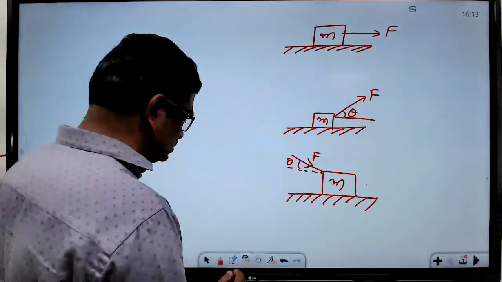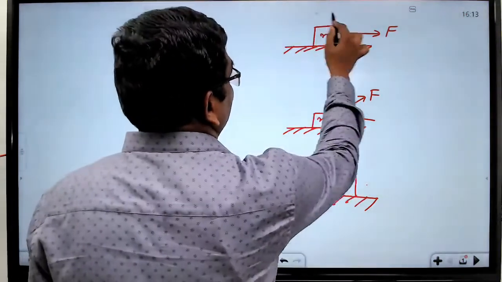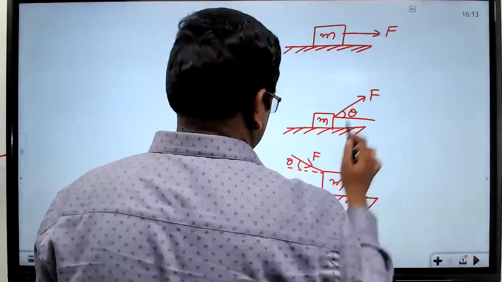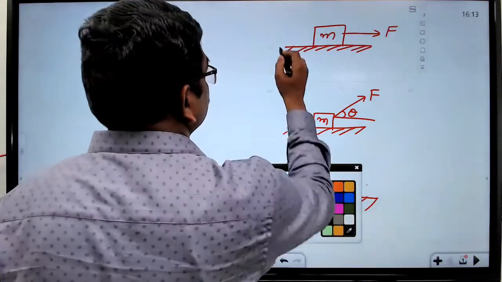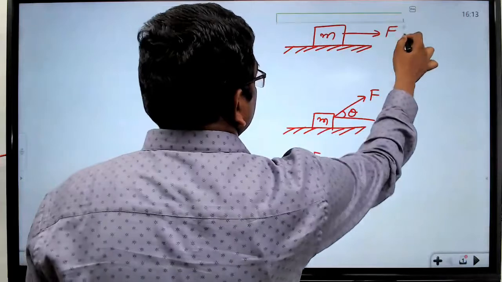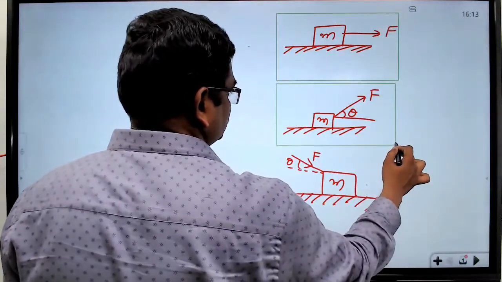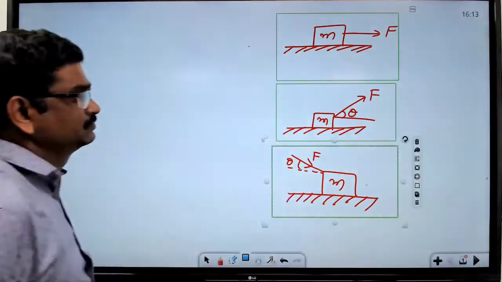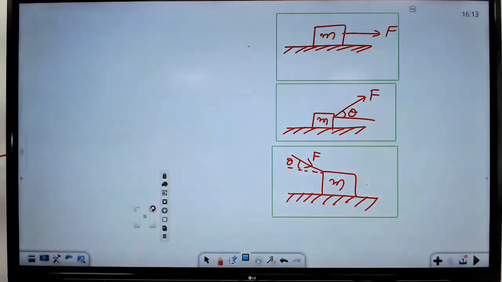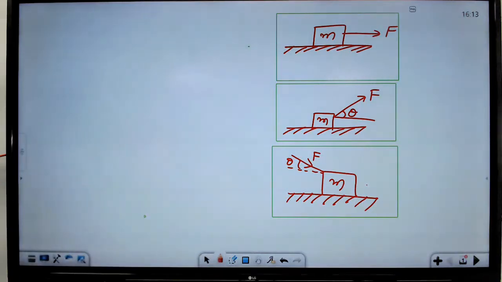So in each case, we have to calculate acceleration. Now, what is the acceleration for this? Next, acceleration for this one. Next, acceleration for this one. Now, to calculate acceleration, what is the basic condition?